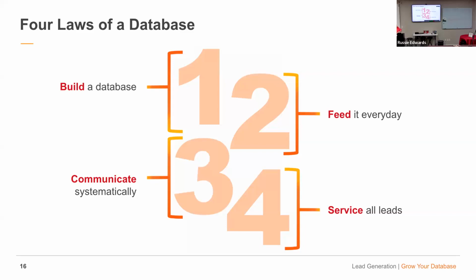It is proven that if you get to 201 people in your database and you systematically connect with them, you will make, according to Keller Williams International, about 3 times more than people who do not have 201 people in their database. Here in our office, it's 50% more.